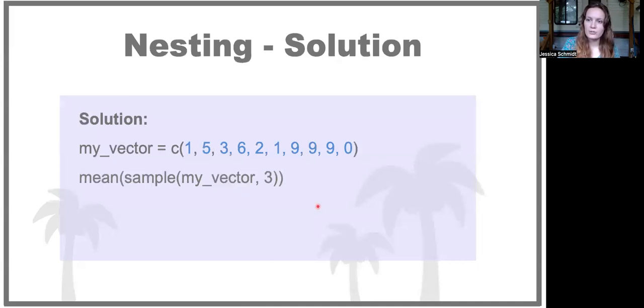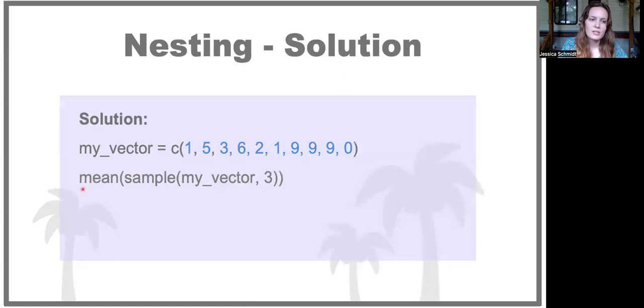This is one example solution, and it could be any 10 numbers. I just typed in some random 10 numbers. And then that is called my vector. And then here is that one line of code I was talking about with function nesting. So inside, I have my vector, and 3 is being sampled. So I'm sampling my vector, and I'm taking 3 samples from it.